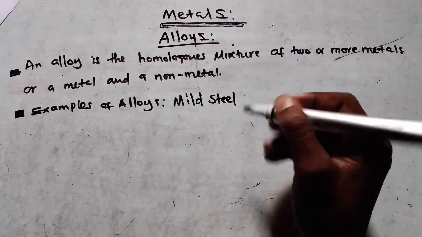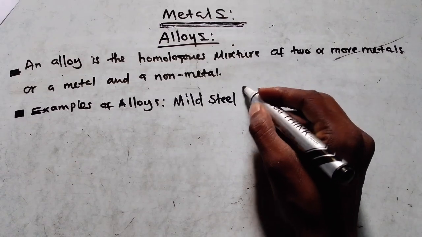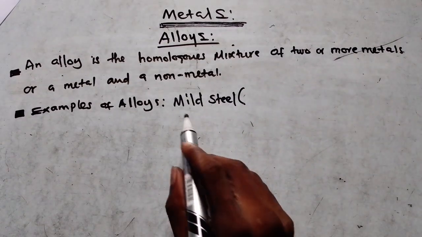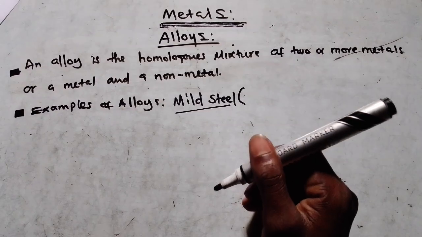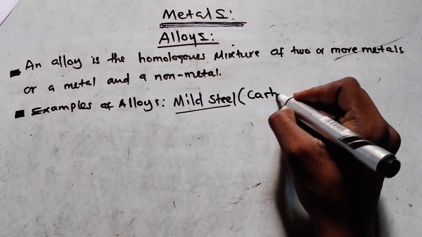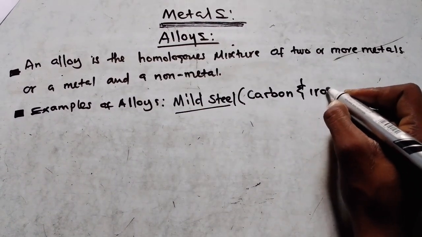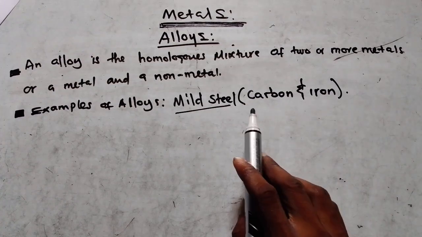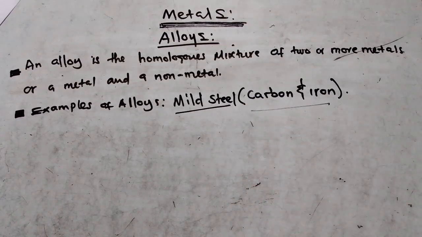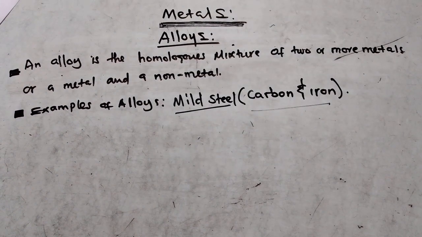So mild steel is an example of an alloy. This mild steel that we are seeing here is made out of carbon and iron. So the combination of two, carbon and iron, we form what? We form mild steel.